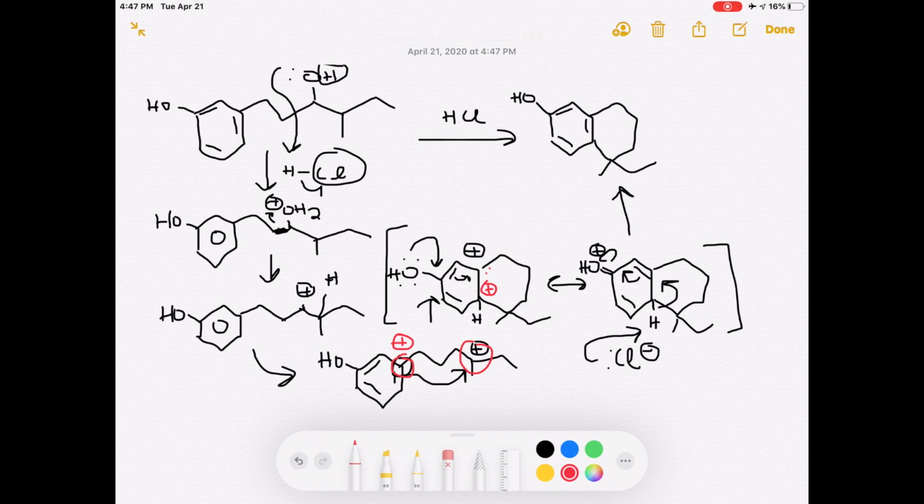So option E isn't possible either. That leaves us with option D, so the answer is D. That is the most reasonable intermediate for this reaction.